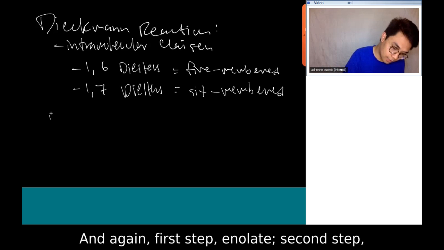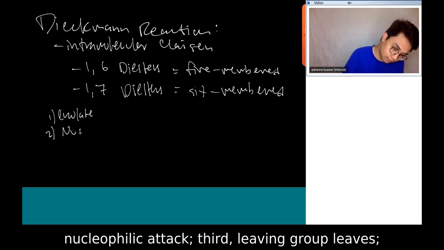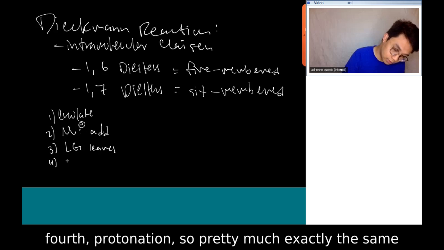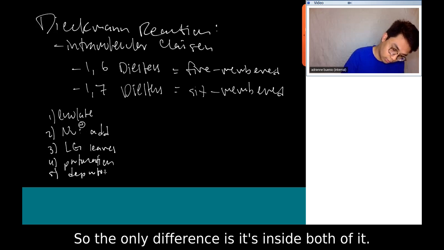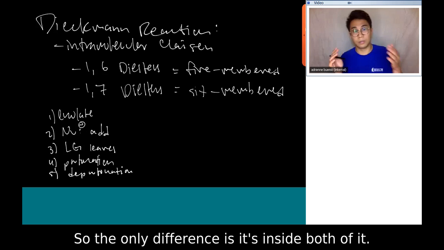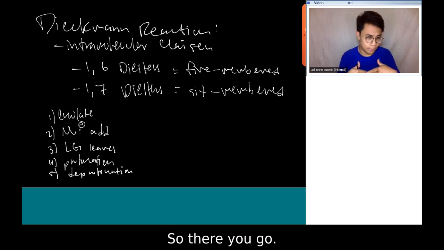And again, first step, enolate. Second step, nucleophilic attack. Third, leaving group leaves. Fourth, protonation. So pretty much exactly the same as the Claisen, right? Fifth, deprotonation. So the only difference is that it's inside both of it, right? So there you go.